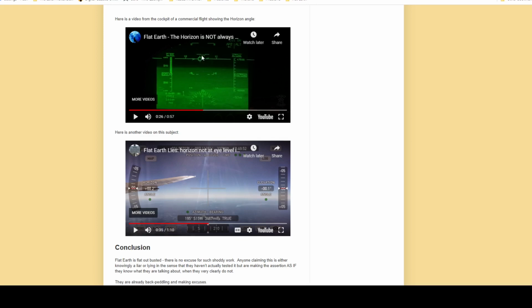So bearing in mind that the infrared camera is on the nose of the aircraft and that the nose of the aircraft is pointing higher than the actual aircraft's center line or level here, then this will give us a slightly elevated angle of view for the infrared image that's been superimposed on the heads-up display, along with the projection of the other indicators.